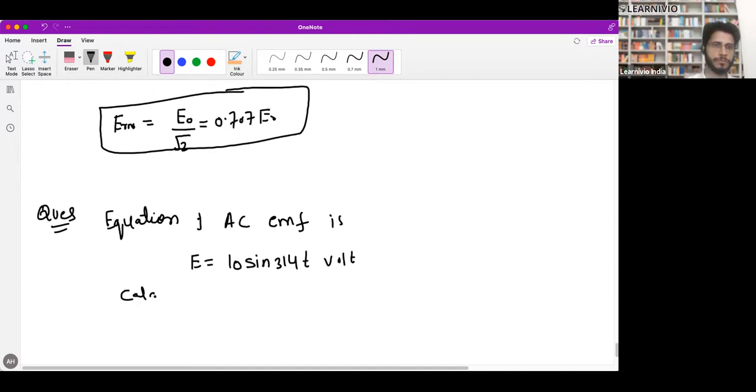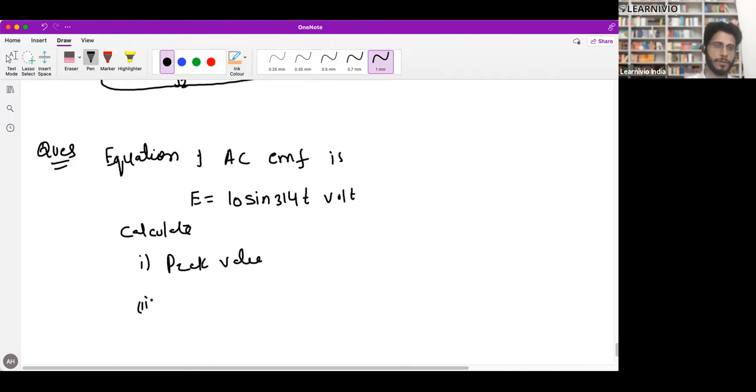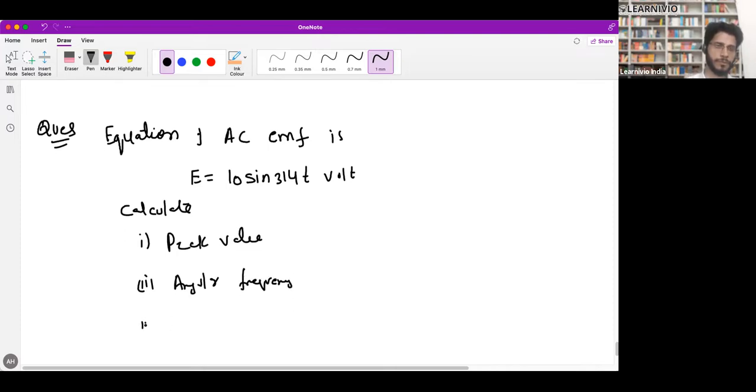Calculate the first part. First of all, get the peak value. Second, angular frequency. Third, frequency. Fourth, the average value for half cycle.